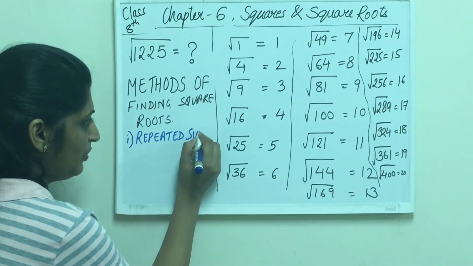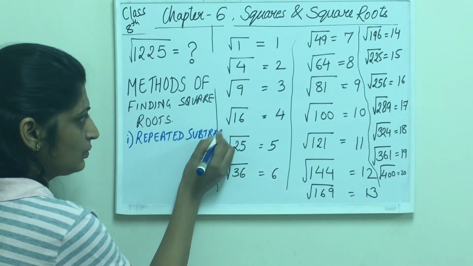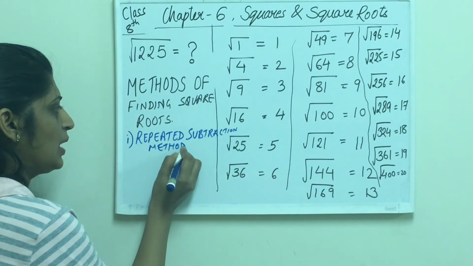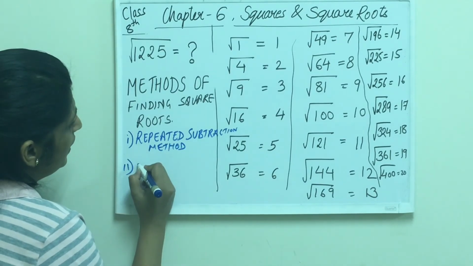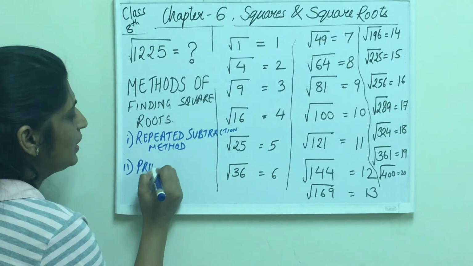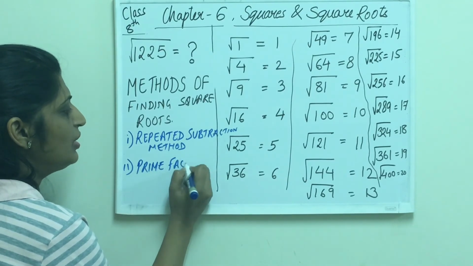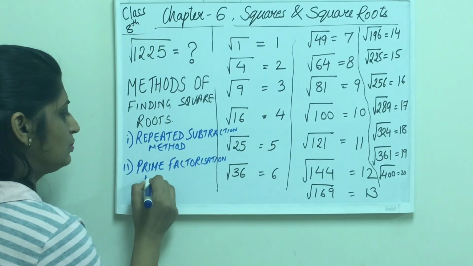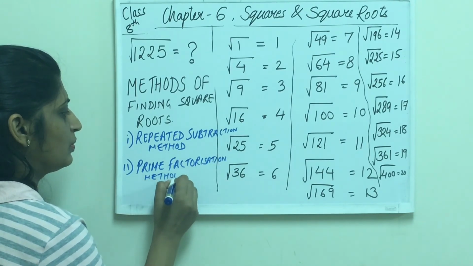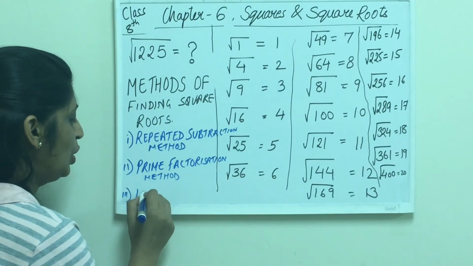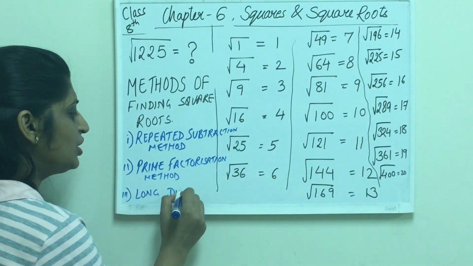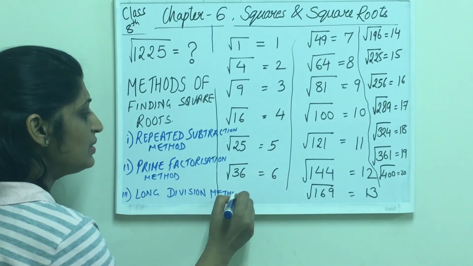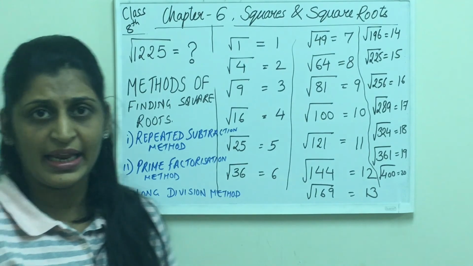The second method is the prime factorization method. And the third is the long division method. We have all these 3 methods in our syllabus to study for class 8.